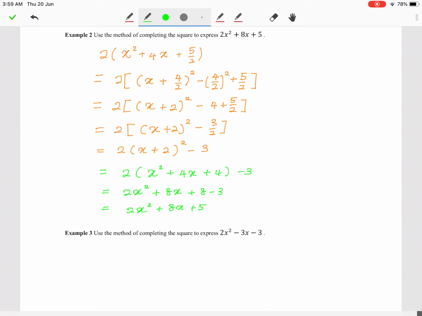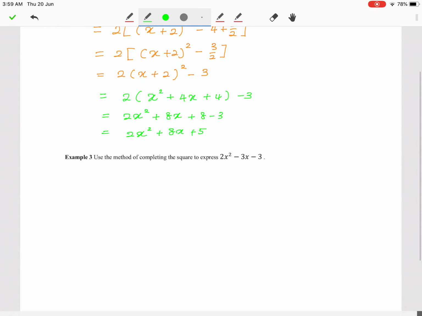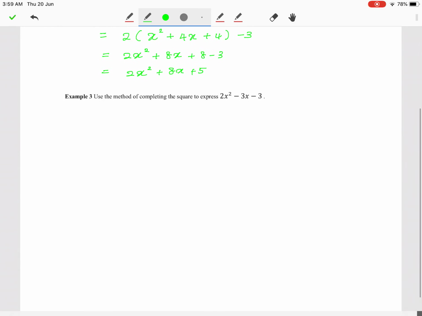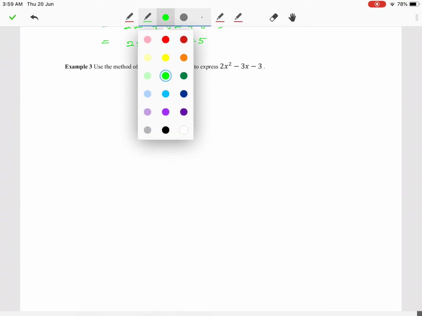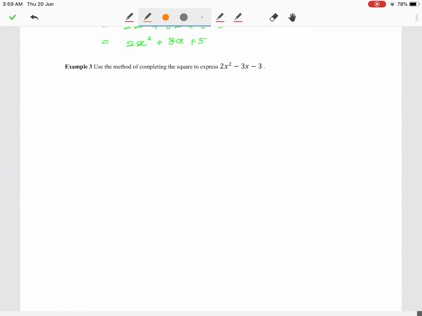So let's do one more. Okay, example 3. So in this case, again, we factor the 2 out. If you factor the 2 out, what you have here is x squared minus 3 over 2 x minus 3 over 2.